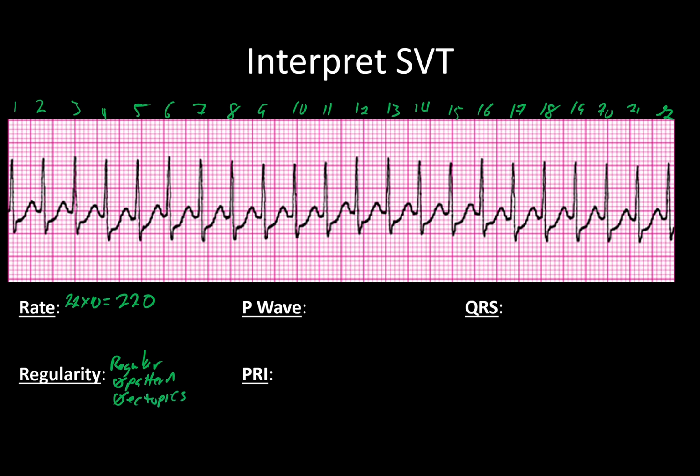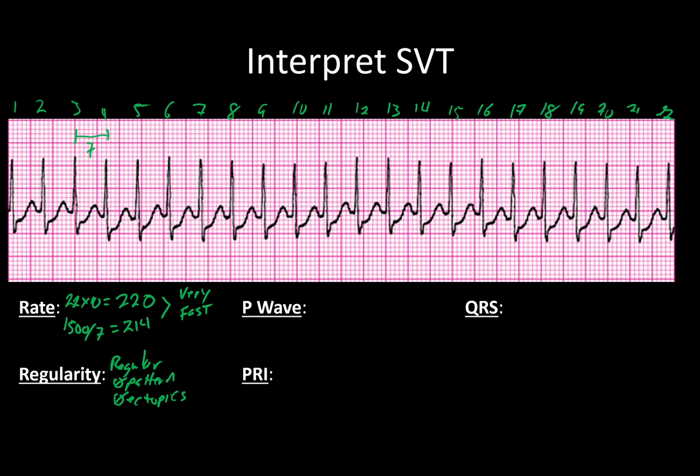Because we're such a fast rhythm, we can actually measure these out, and thankfully number 3 is right on a solid line, and we'll mark you here, and so across is 7. That gives us 214. Very fast indeed. So let's take a look at our P waves. Can't see a darn one of them.